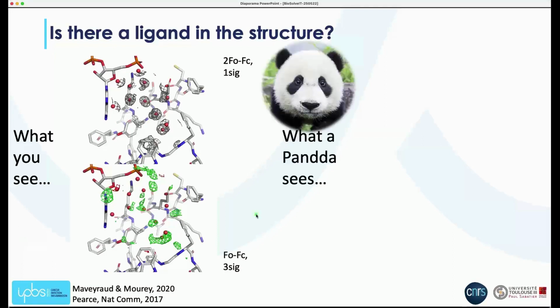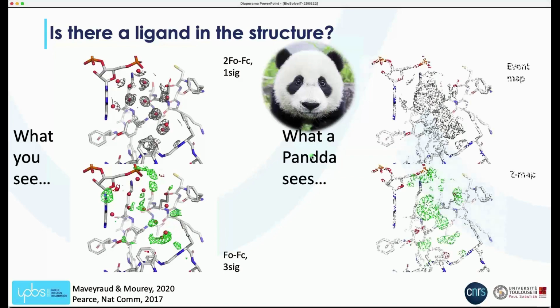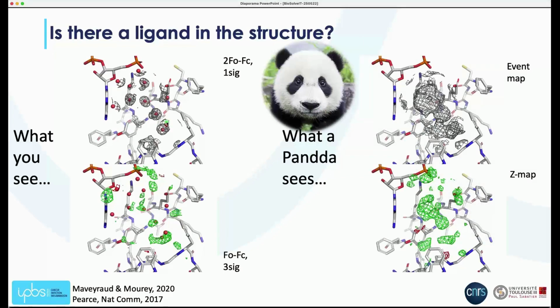Hopefully, Pearce and colleagues from Diamond synchrotron imagined a procedure that they call PanDDA, that was designed to allow identification of weakly bound fragments in crystallographic structures. So if you apply this procedure to the same data set as the one shown here, you can clearly see that there is a signal which indicates that a fragment is actually bound there, even if the normal electron density map does not say so.